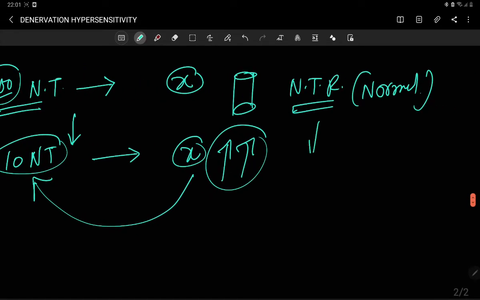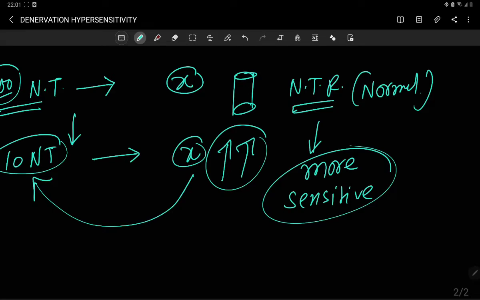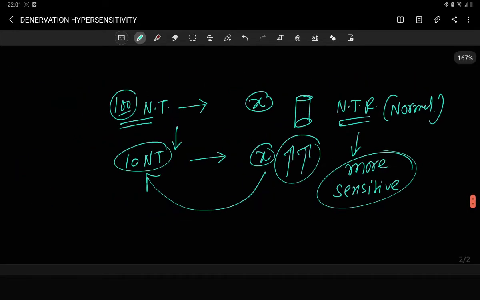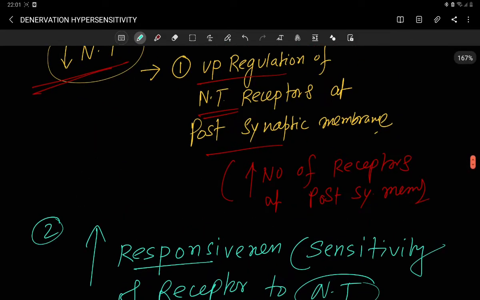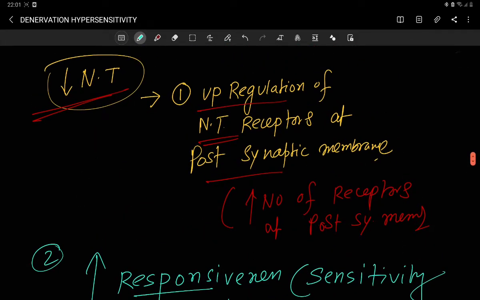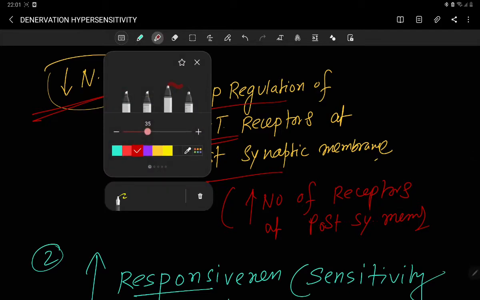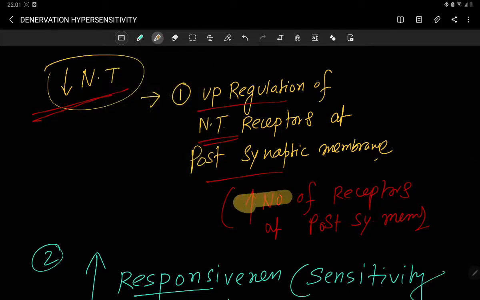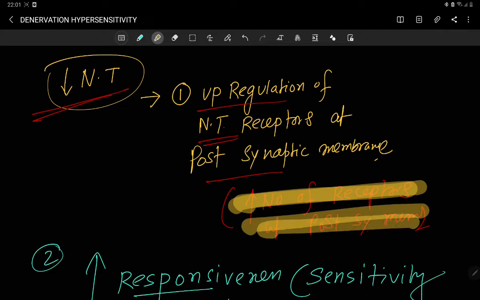That's why this is called hypersensitivity. Hyper means high sensitivity of the neurotransmitter receptors. This is another fact. So due to this reduced neurotransmitter, there is an increased number of receptors on the postsynaptic membrane, guys.